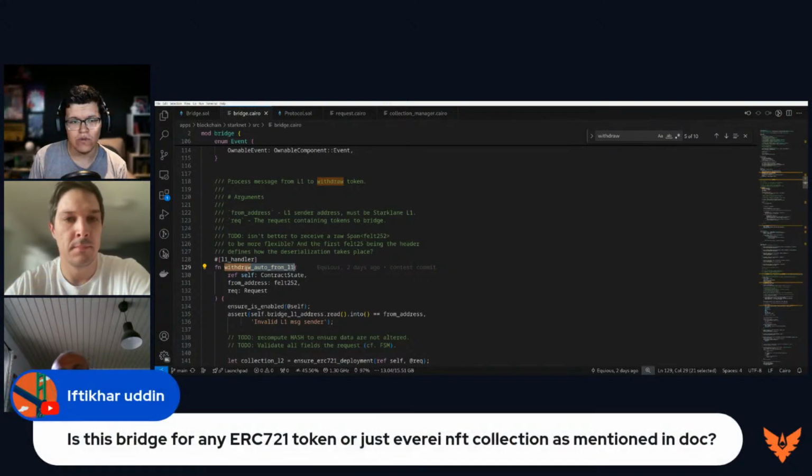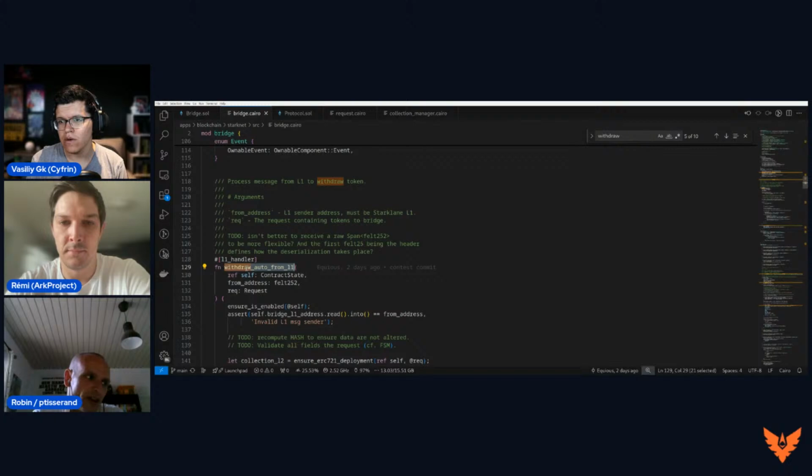Let me show you. Is this bridge for any ERC-721 token or just every NFT collection as mentioned in the doc? What we deploy on mainnet, it's for all collections, but only the Everai NFT collection is in the whitelist.